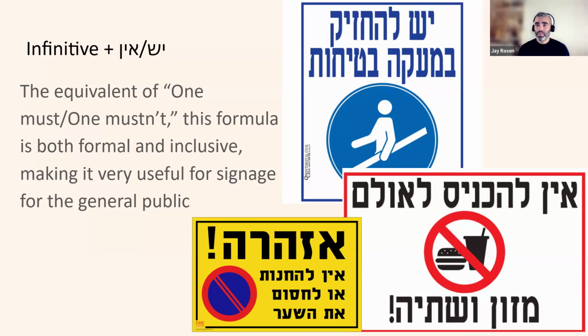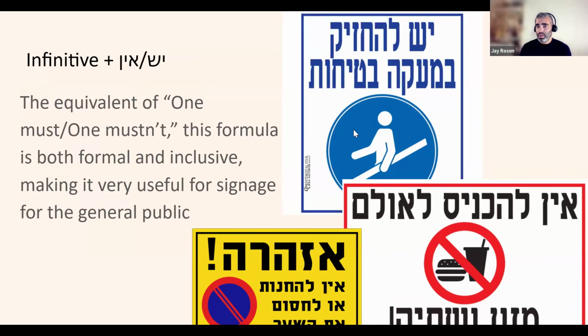So for example, let's look at the top. Yesh lahachzik b'ma'akeh b'tichut. You see a stick figure, and he's holding a stick. If you don't know what any of these words mean, first off, you see yesh, followed by the infinitive. I know it's the infinitive because there's that lamed right there.